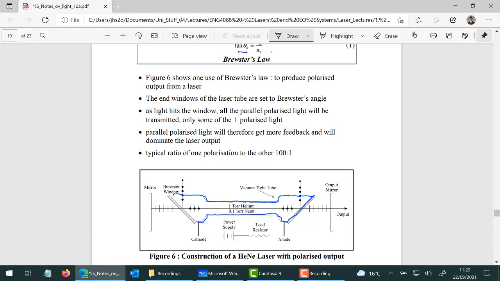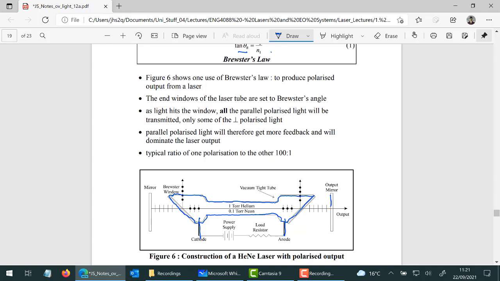This tube is filled with some helium and a small partial pressure of neon, and we apply a large voltage across it, which causes a current to flow through the gas. The electrons passing through the gas bump into the atoms and give them some energy, and then as those atoms relax, they give out some light, and that's how neon lights work.